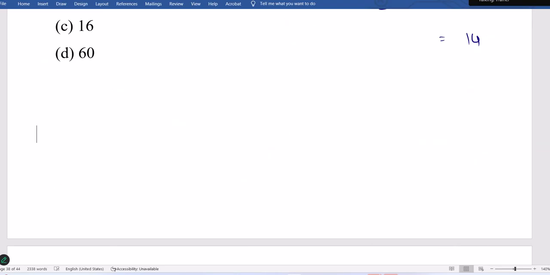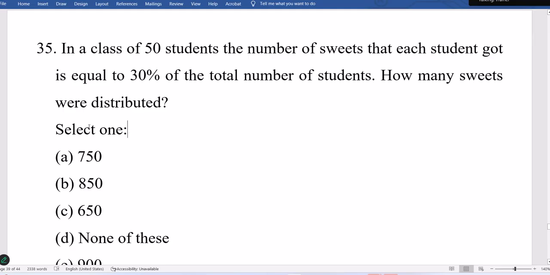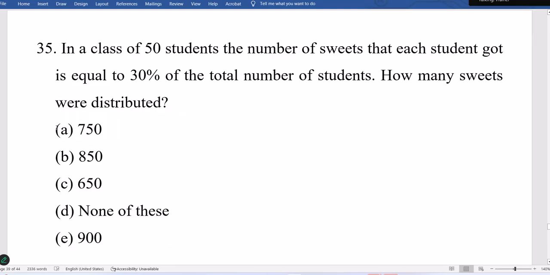In a class of 50 students, I want answers from you people here. In a class of 50 students, the number of sweets that each student got is equal to 30% of the total number of students. How many sweets were distributed?